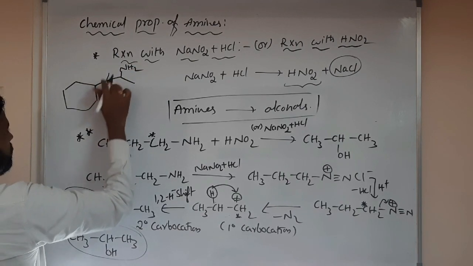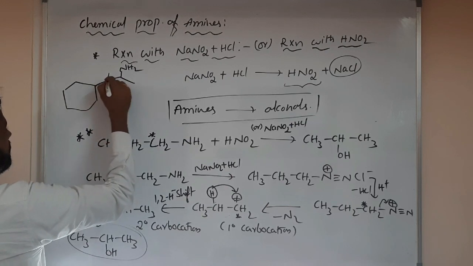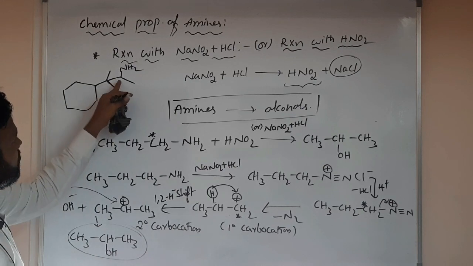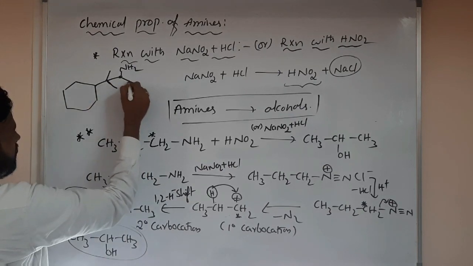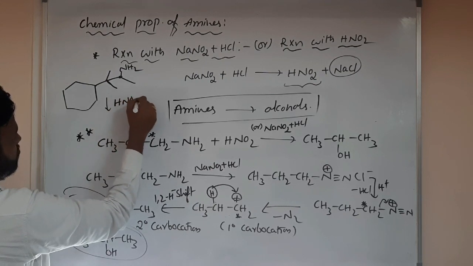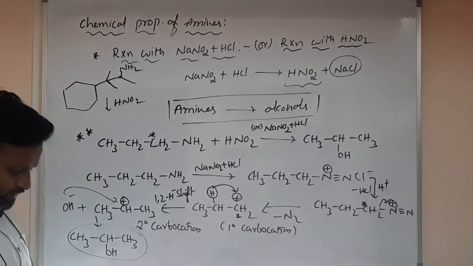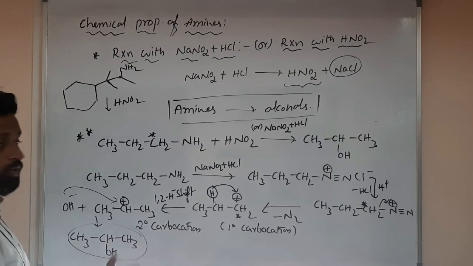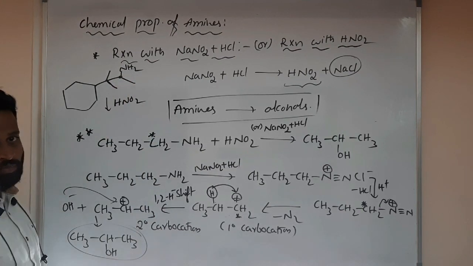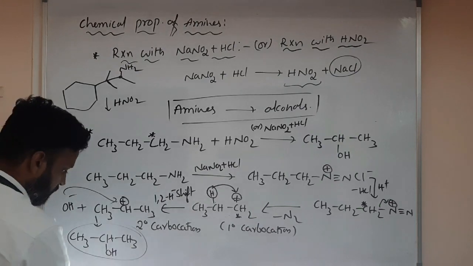This is one alkyl group and this is another alkyl group. Two alkyl groups here you have like this. And here this carbon has one methyl and one NH2. For this, if I am adding HNO2, what happens? OH will come here, at this? No. So where will it come, you tell me, and write it as a product.